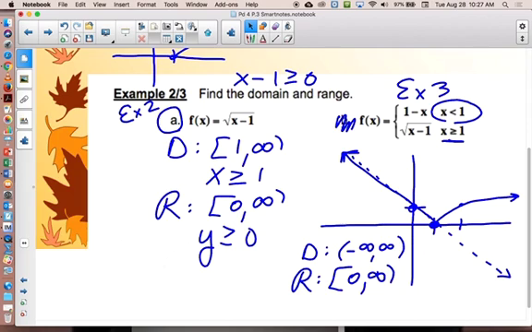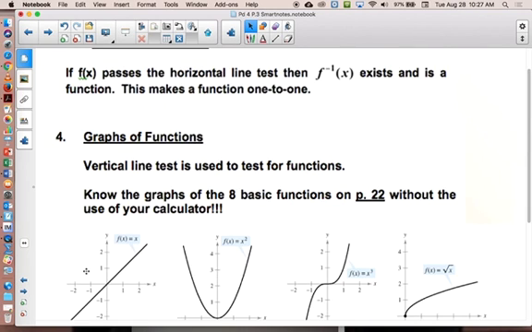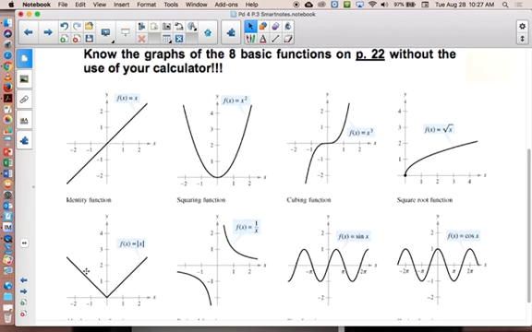Okay, other things that are going to be reviewed in the section, P3, they're going to go over 1-to-1 and then graphs of basic functions. So these are functions. If you flip to the top of the next page where it says draw all the 8 basic functions or parent functions, we can graph y equals x.